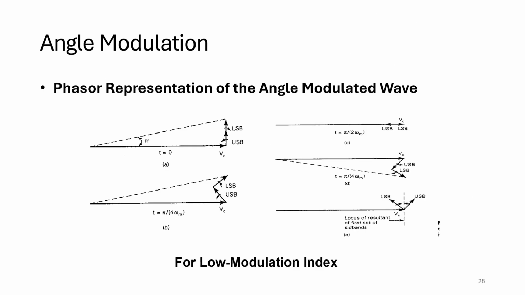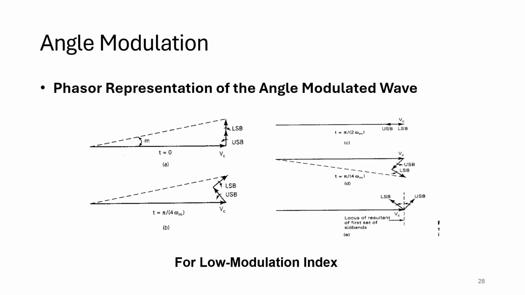So we have here a phasor representation of the angle modulated wave. This is for low modulation index. This is the phasor diagram for a low index angle modulated wave with a single modulating signal.